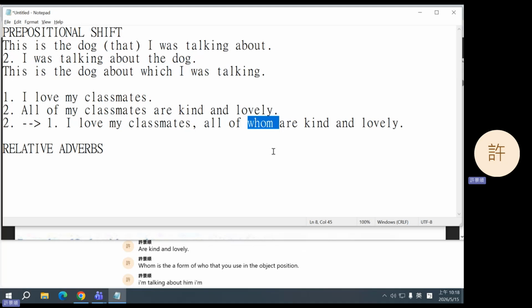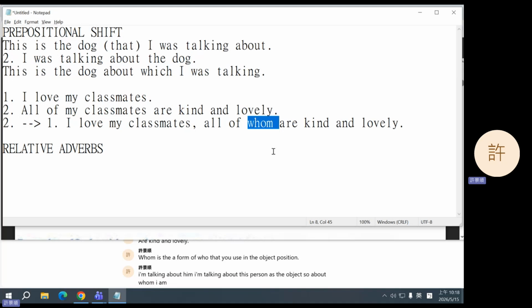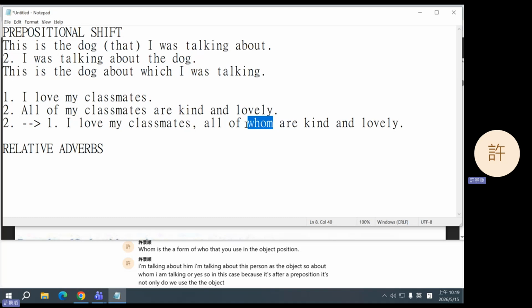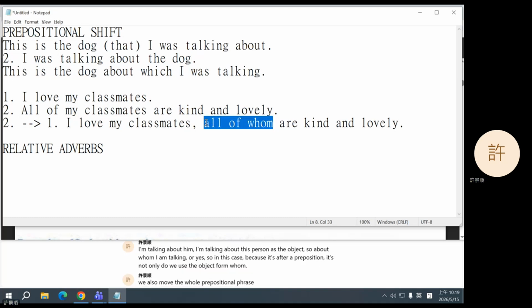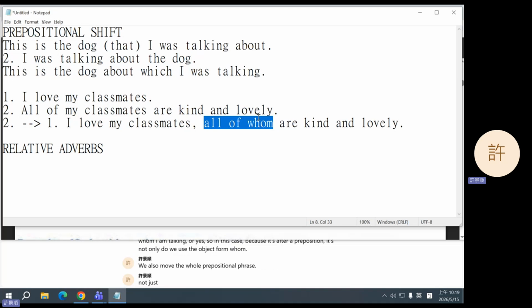I'm talking about this person as the object. So about whom I am talking. So in this case, because it's after a preposition, not only do we use the object form whom, we also move the whole prepositional phrase, not just the single pronoun. Are you following so far? Raise your hand if you understand.